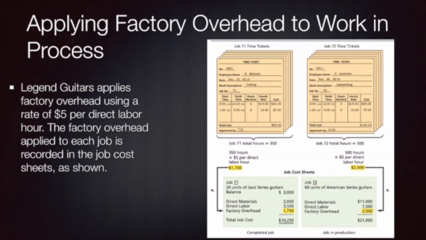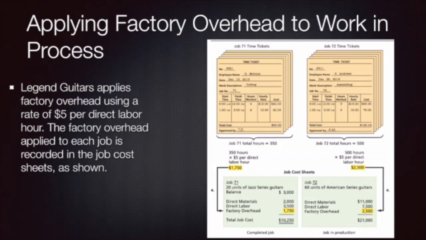Next is applying factory overhead to work in process. Now, Legend Guitars applies factory overhead using a rate of $5 per direct labor hour. We determined this through the predetermined factory overhead rate formula that we have made earlier. Now, the factory overhead applied to each job is recorded in the job cost sheet as shown. In the image, it shows that 850 direct labor hours were used in Legend Guitars' December operations.